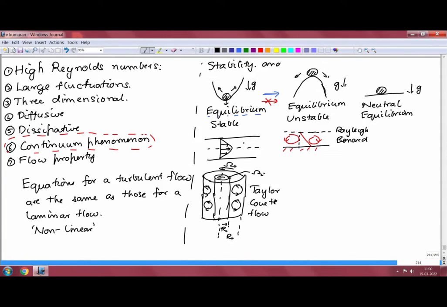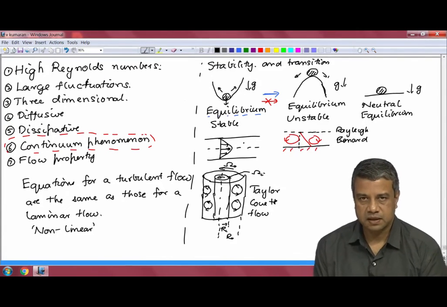And I had tried to explain to you the concept of stability and transition. The distinction between a stable and an unstable equilibrium.